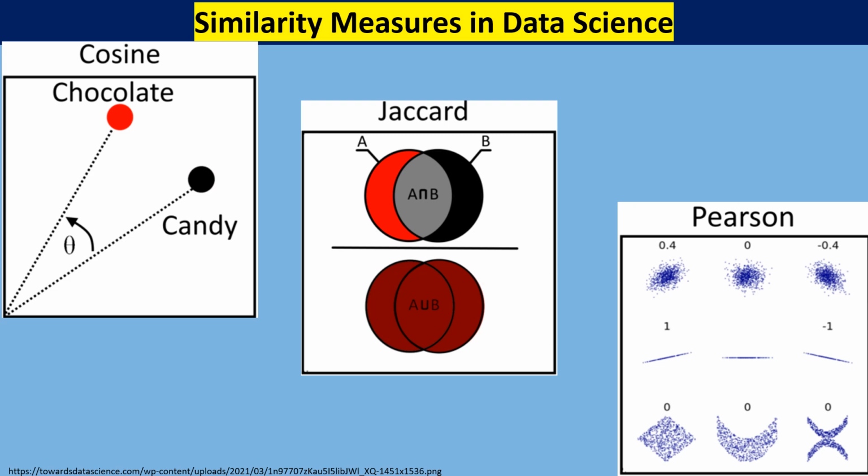So first we see similarity measures in data science. I have already mentioned cosine, Jaccard and Pearson. In the forthcoming slides, I introduce the concept of similarity measures.